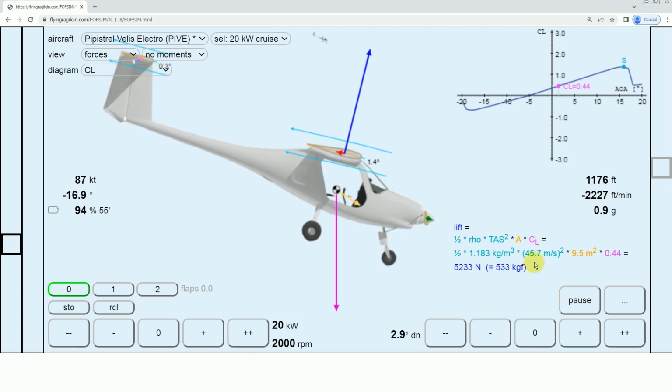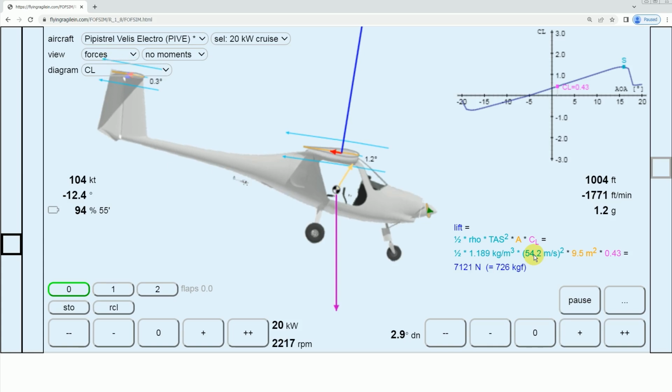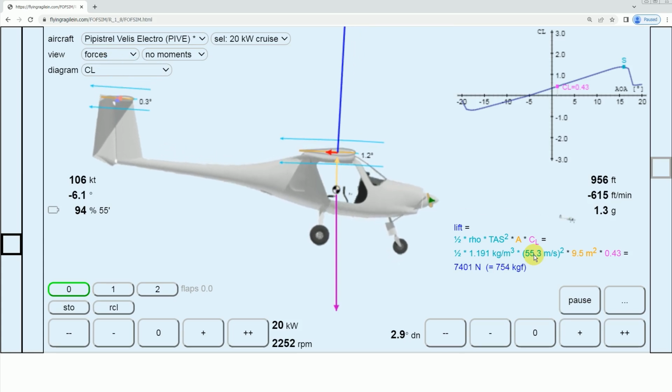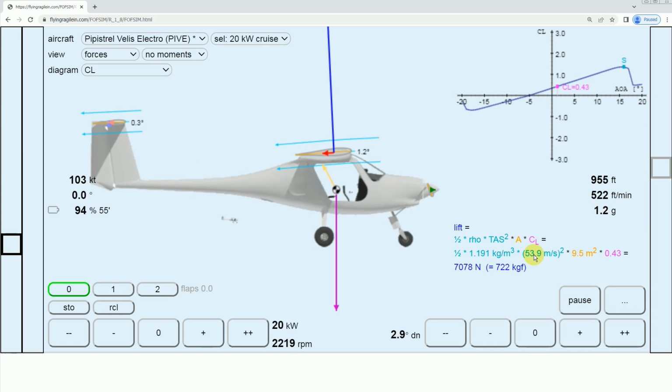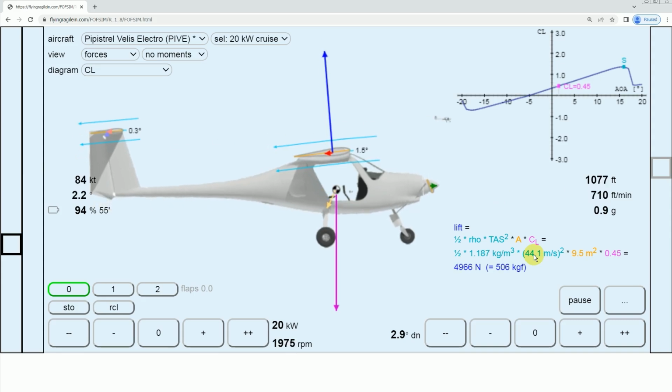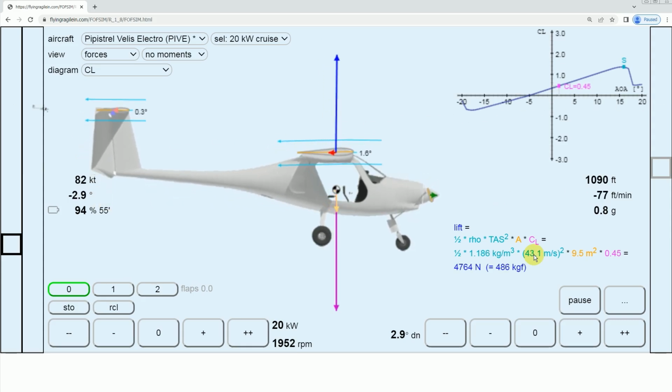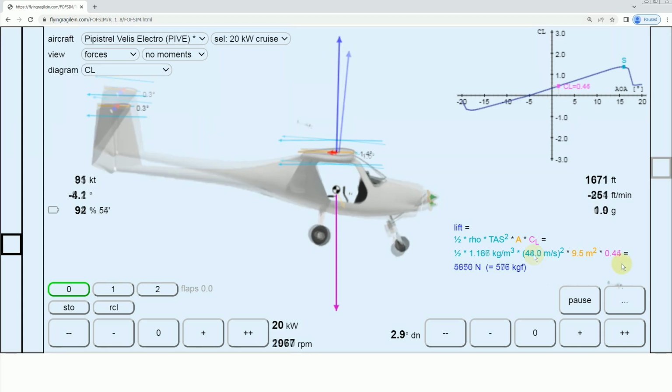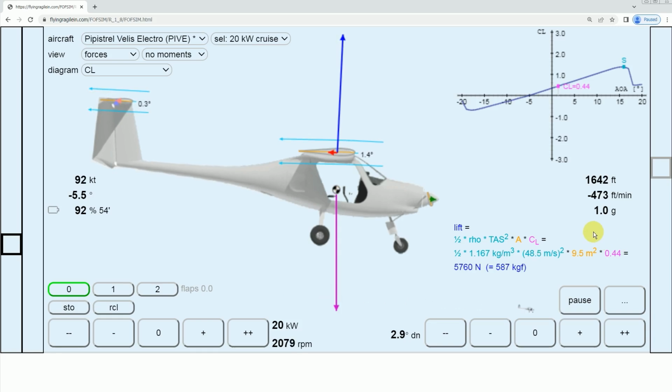Now the aircraft speeds up. And after a couple of oscillations, the aircraft will settle in a steady descent. Now the aircraft settled in a steady descent with a lower CL and a higher airspeed than before.